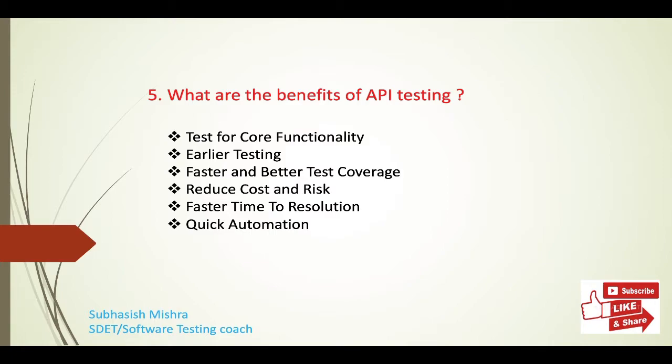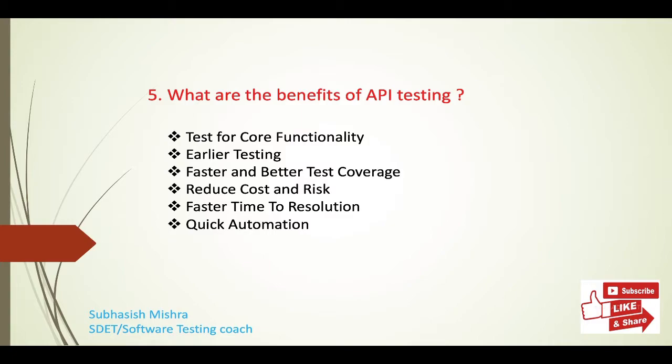With API testing, we can find minor bugs before the GUI testing. These minor bugs can be very big during GUI testing. So, finding those bugs in the early stage during API testing will be cost effective to the company and reduce risk as well.